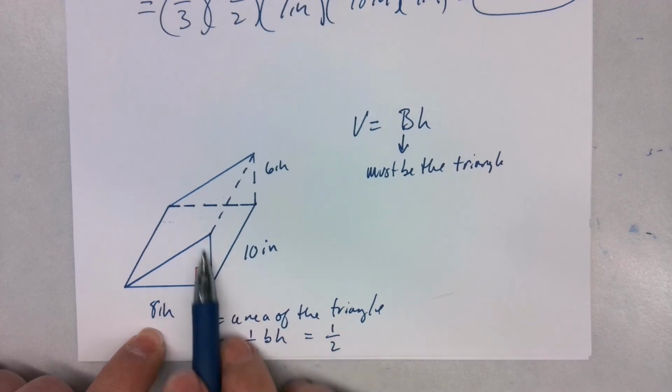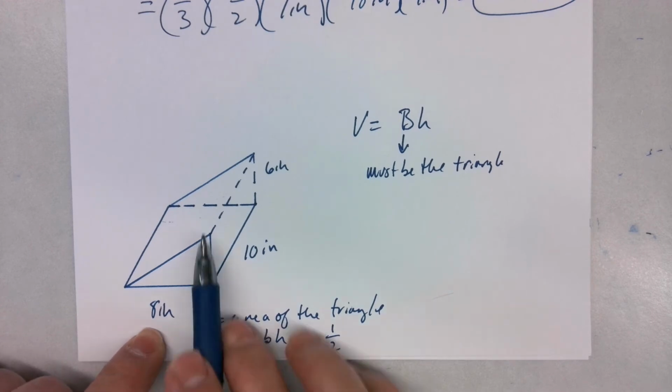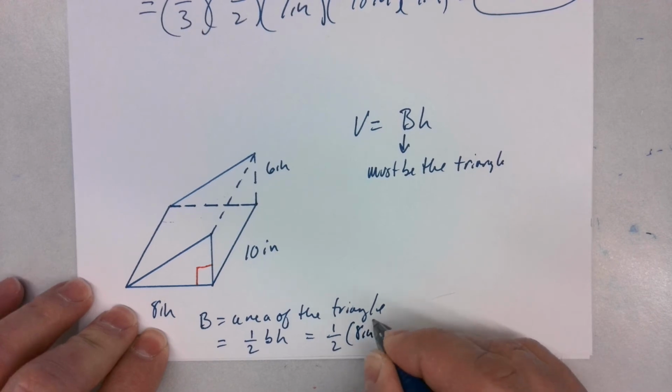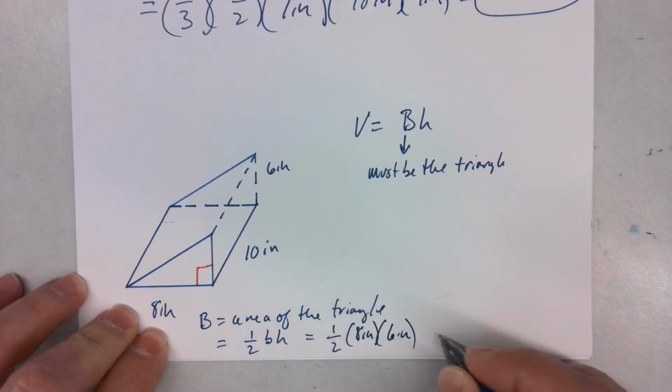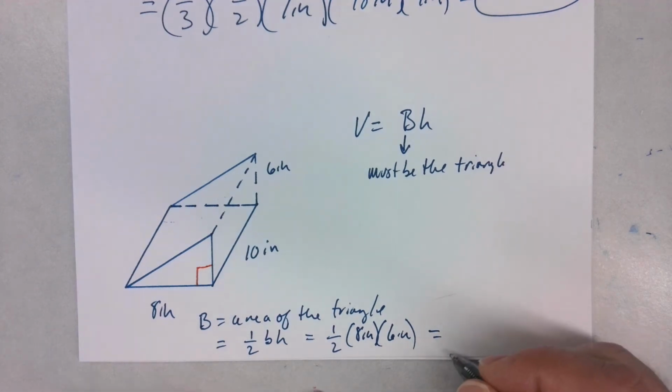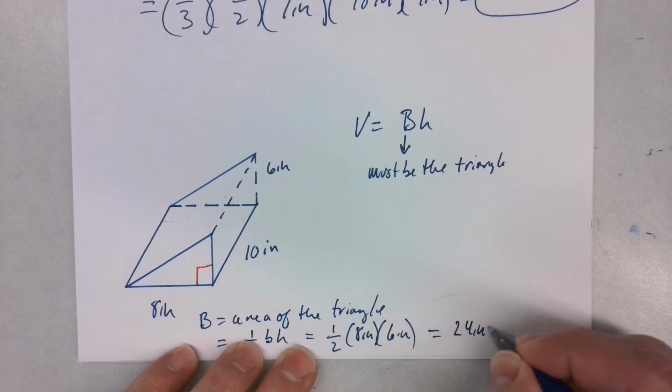Is it the 10 or is it the 6? 6. It's the 6, right? So I'm going to go 1/2 my 8 inches times my 6 inches, and that's going to give me how many inches squared here? 24. 24 inches squared, right?